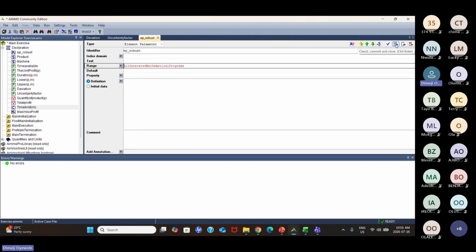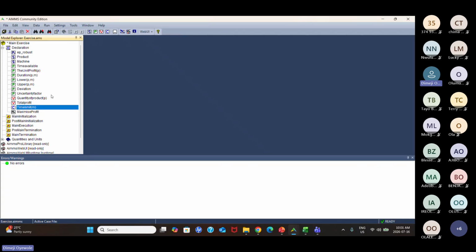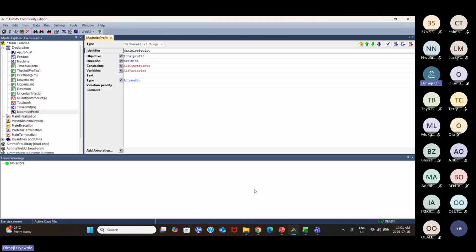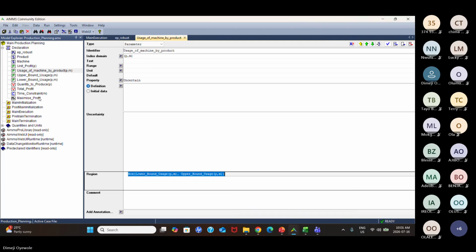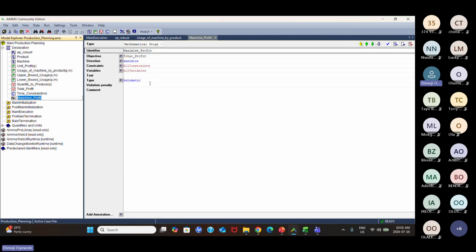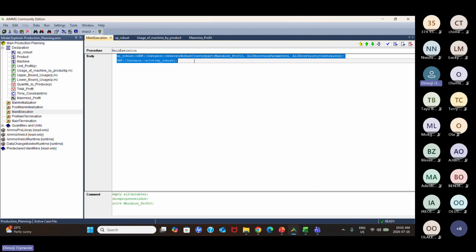Right. Okay. So I haven't done this. The next thing we are going to do is, we already have this. We already have this. Then we go to the main execution. I just copy what I had. Copy this. This is what I'm copying here, it is also on the AIMMS website.